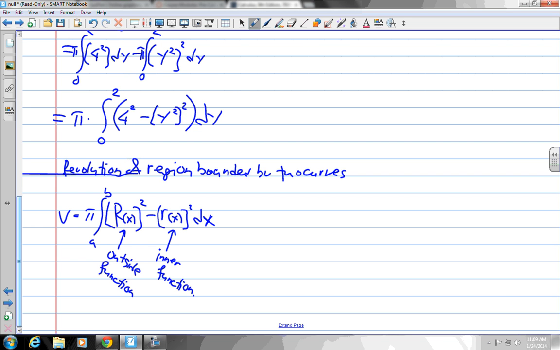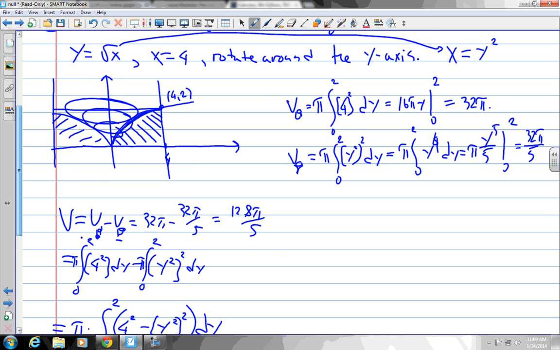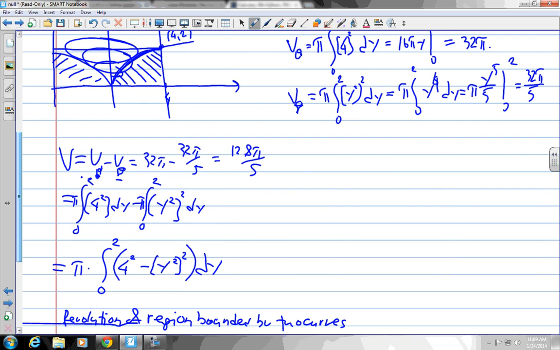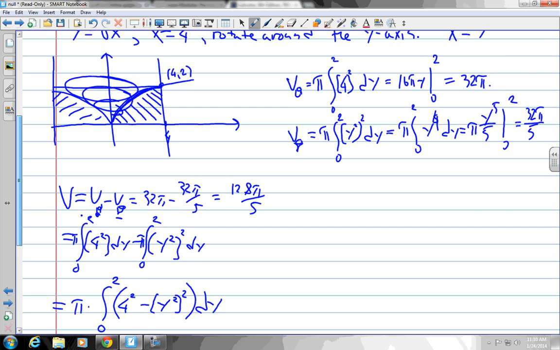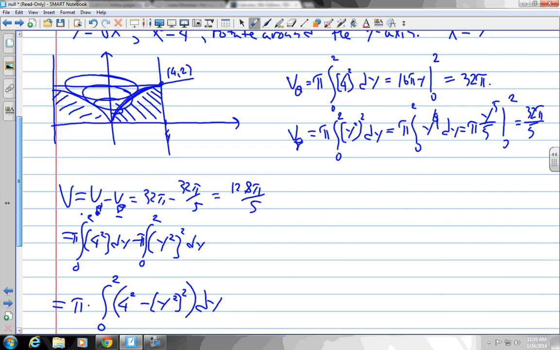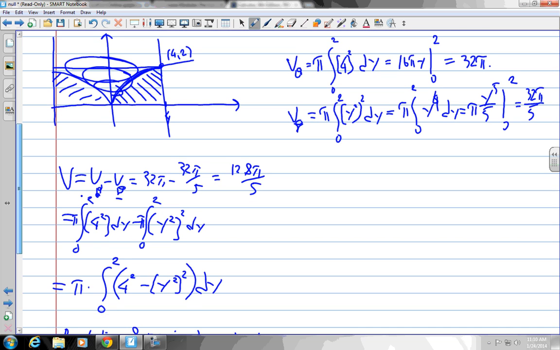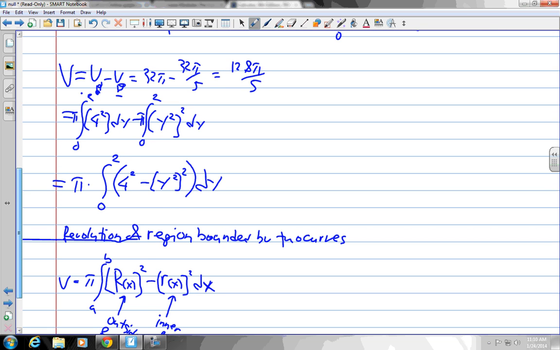Okay? So it's not the difference squared, but the square of differences. This is the big thing, because it's really easy to get confused on that one. And this is from what we saw here. We might come back to this problem today. We'll do it differently. But for now, this is what you get. Any questions on this?